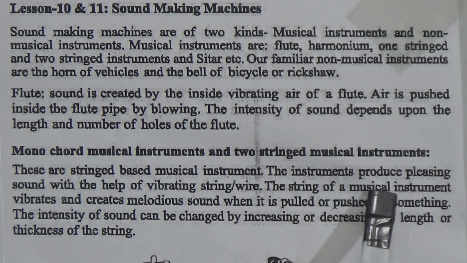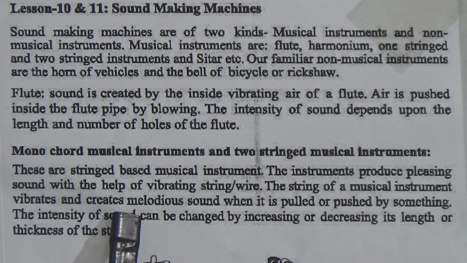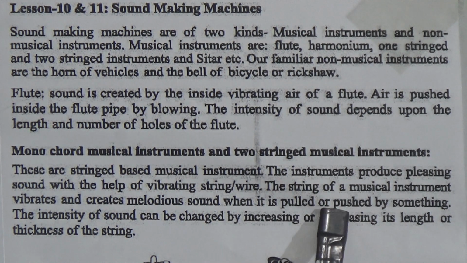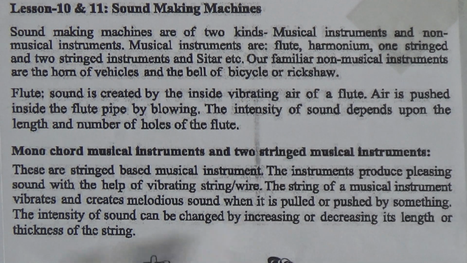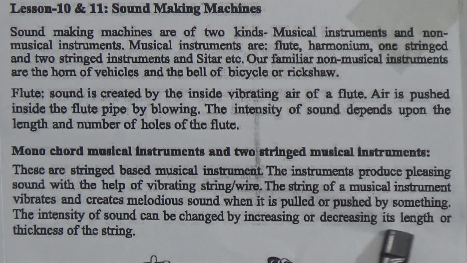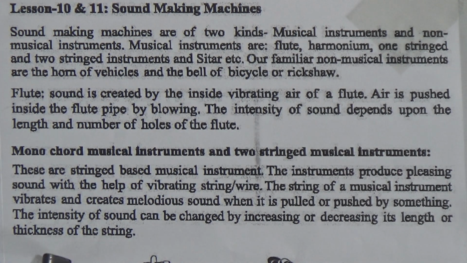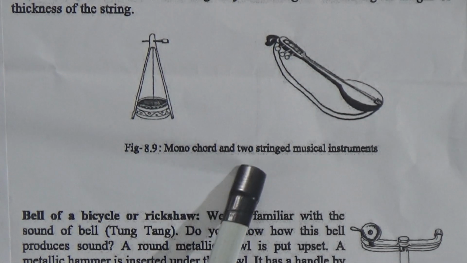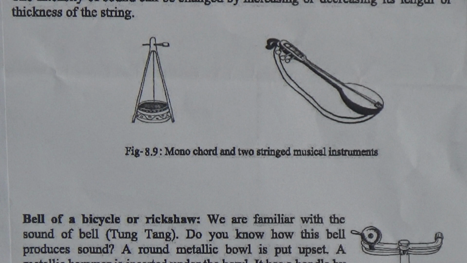The string of musical instrument vibrates and creates melodious sound when it is pulled or pushed by something. The intensity of sound can be changed by increasing or decreasing its length or thickness of the string. Here is some instrument. This is monochord and two string musical instruments.